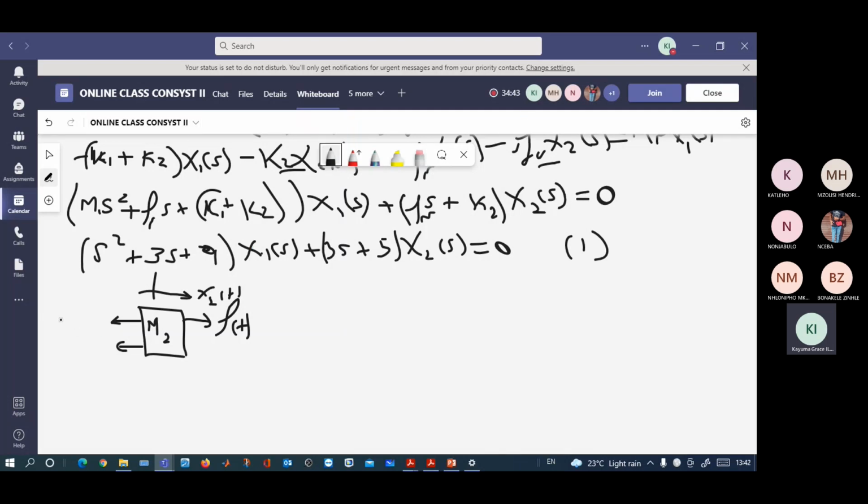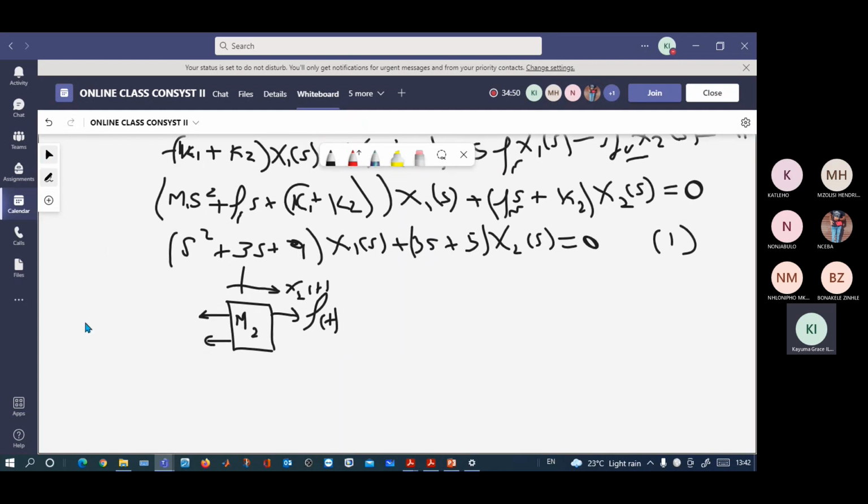Here we have K2 times X2 of t minus X1 of t in the brackets.